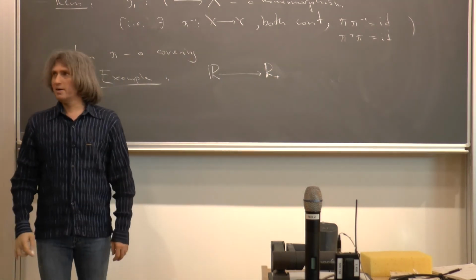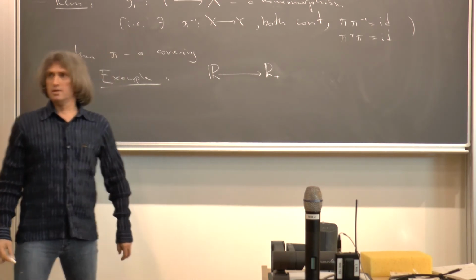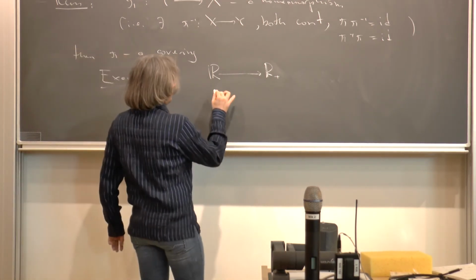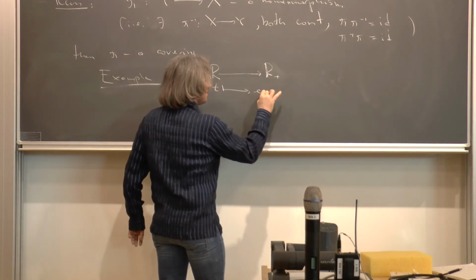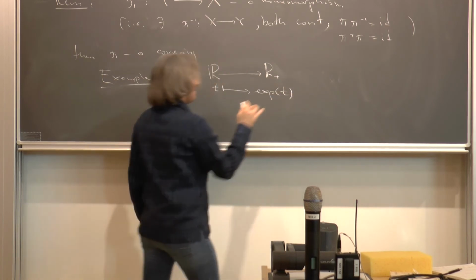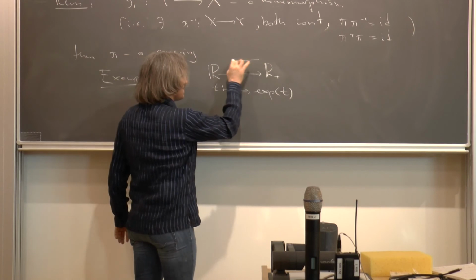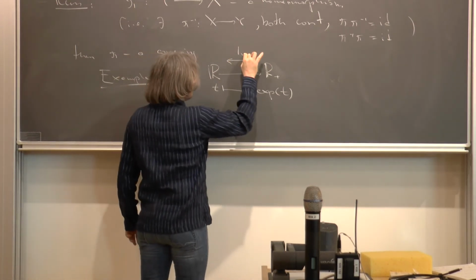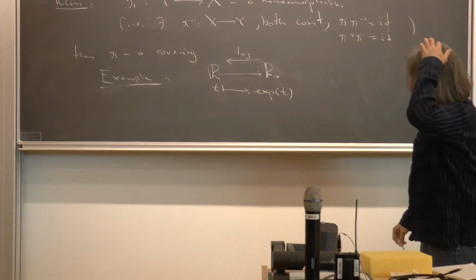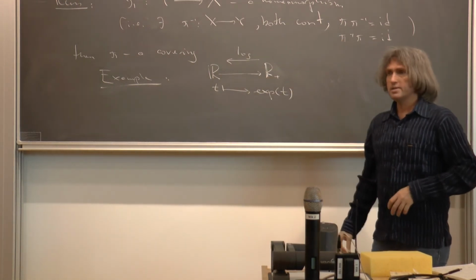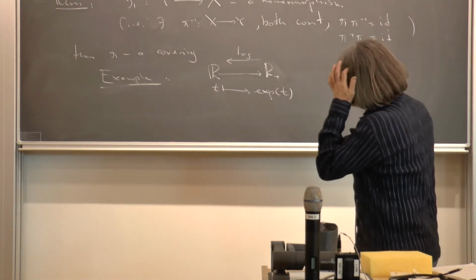Do you know a distinguished map from R to R plus? It's the exponential map. So say, I don't know, t goes to e to the t. So definitely it's a homeomorphism. The map backwards is called logarithm. Any positive real number has a uniquely defined logarithm. So it's a cover.